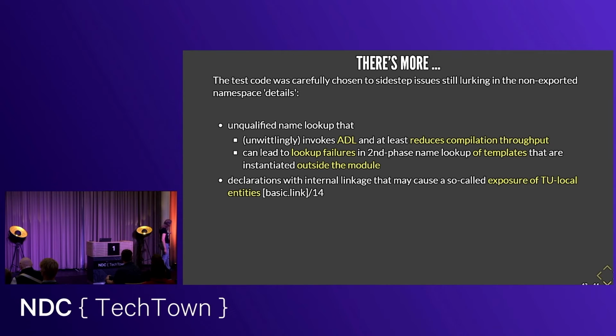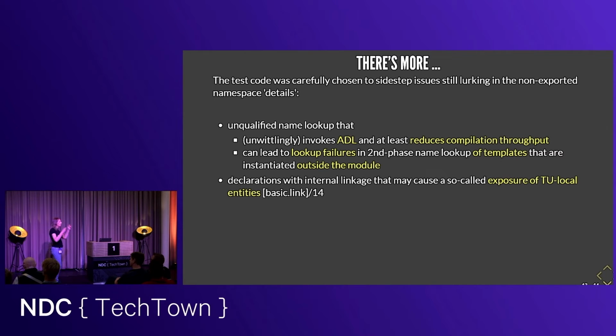And on top of that, we have another kind of thing that has to do with translation unit local entities. For example, if you have something in your interface header or module, primary module interface that has internal linkage, you can't refer to it from the outside. This is just how linking works.